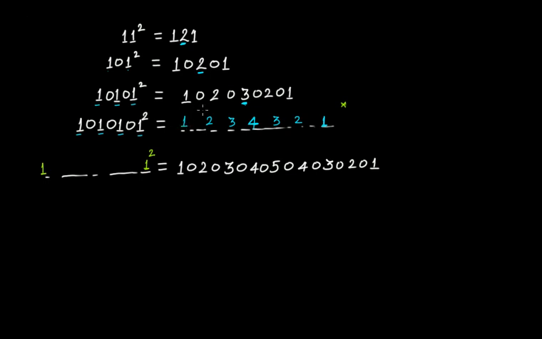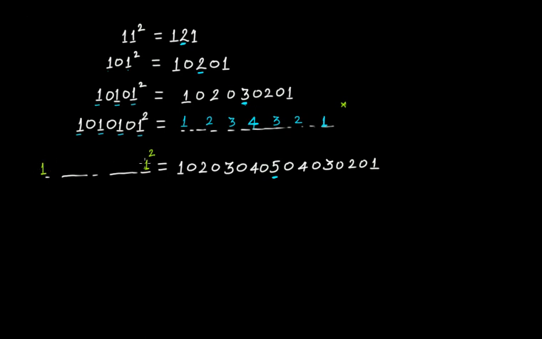Okay, now if you look at this number, what's the max digit present in this number? The largest digit is 5 in this number. It means that this number will contain 5 ones, and each one is separated by a 0, right? There are no consecutive ones, 1 0 1 0 in that fashion. So this number will have 5 ones.